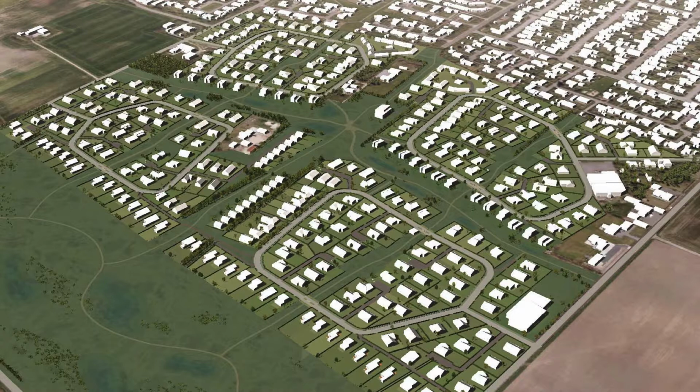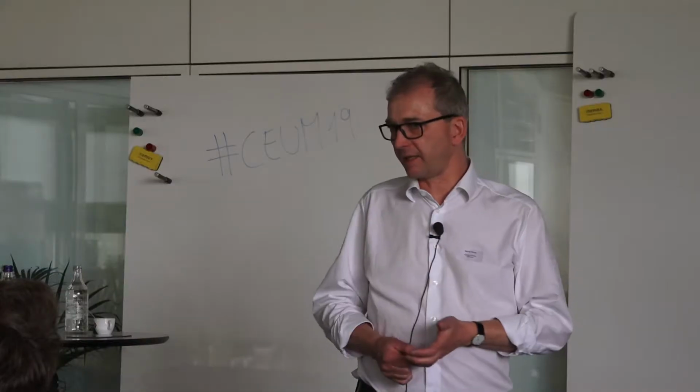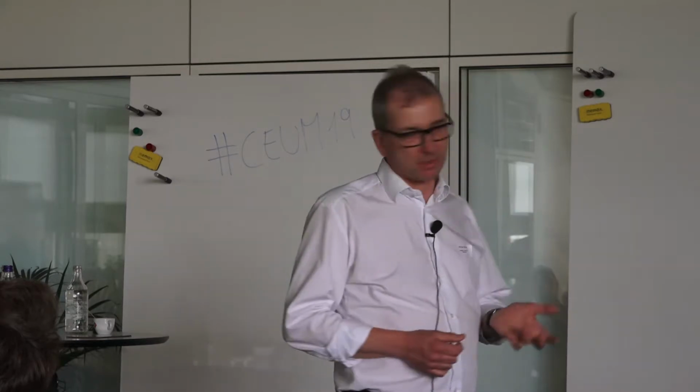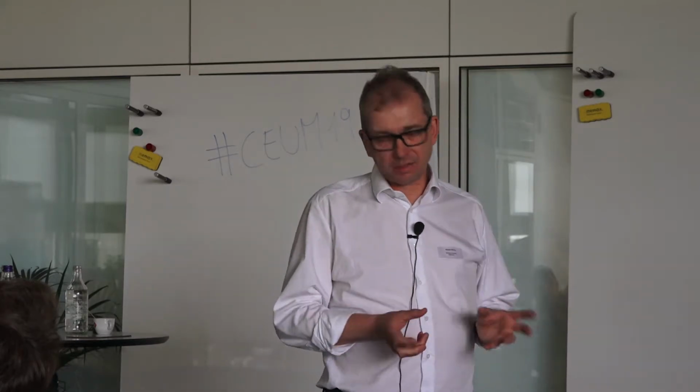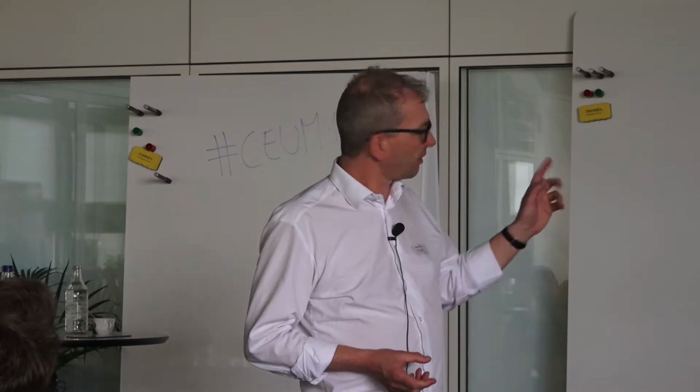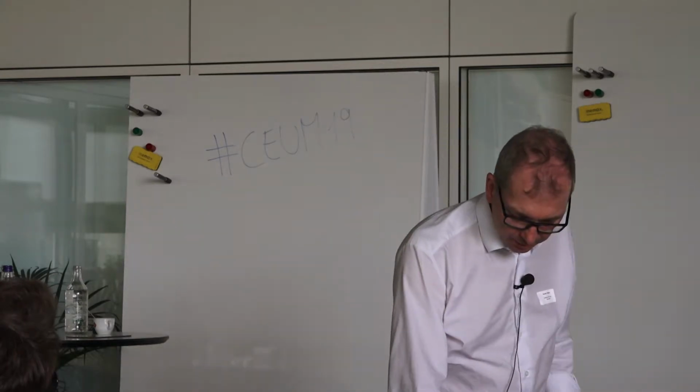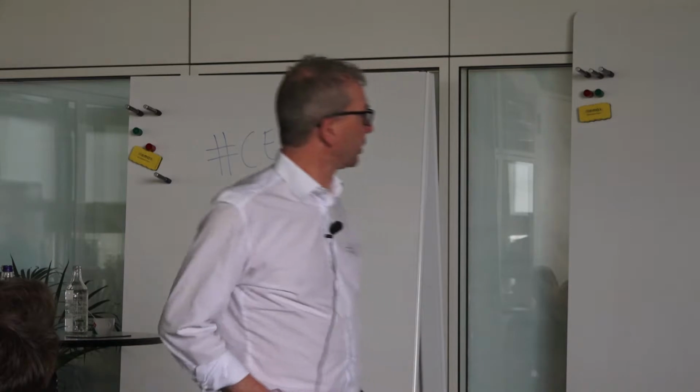And then we also needed to demonstrate that these large lots could be developed not only with detached housing, which typically is what will be almost entirely there, but also with semi-detached or clustered buildings and things like that. So that was some of the things that we could use CityEngine to simulate.